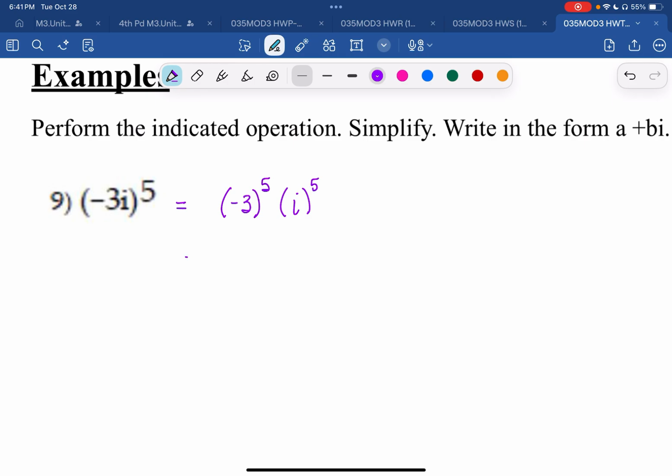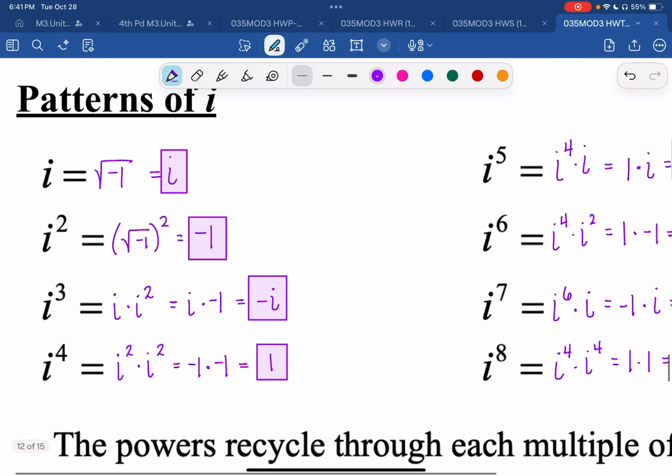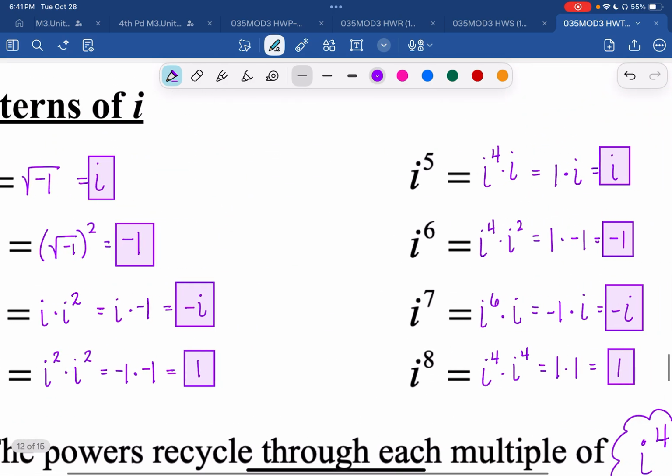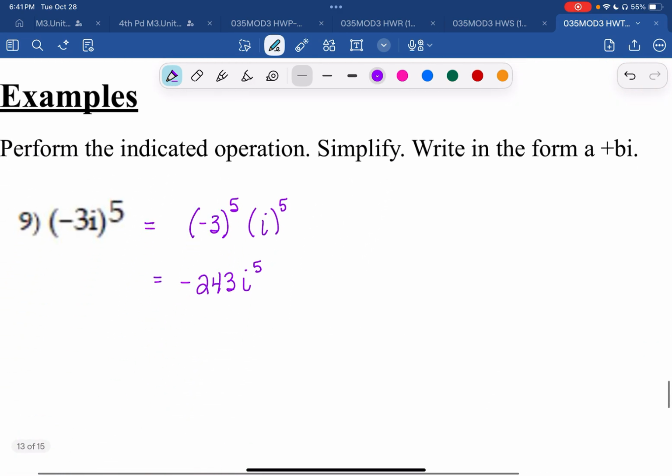Negative 3 to the fifth power is negative 243. I to the fifth power, I can simplify that. If I look back at my multiples of i, i to the fifth power is just i. So this will simplify to negative 243i.